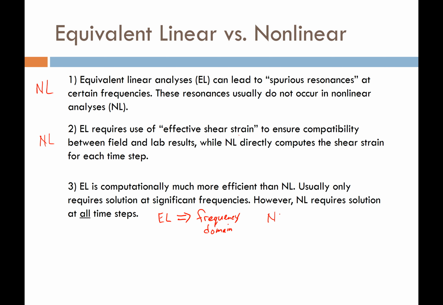Conversely, the nonlinear analysis, we're solving this in the time domain. So this one's kind of a draw, because even though equivalent linear is a lot more computationally efficient, the fact that nonlinear is staying in the time domain is kind of desirable. And so for round number 3 we have a draw.